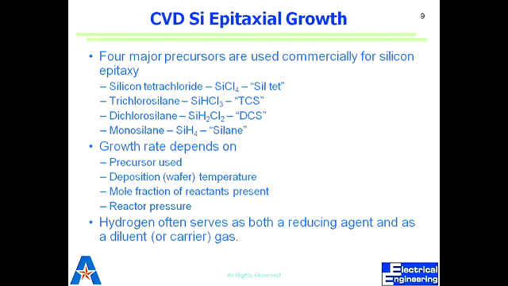We use hydrogen for reduction as well as to dilute. What is a reduction reaction? Gain of electron. A gain of electron means it becomes negatively charged.